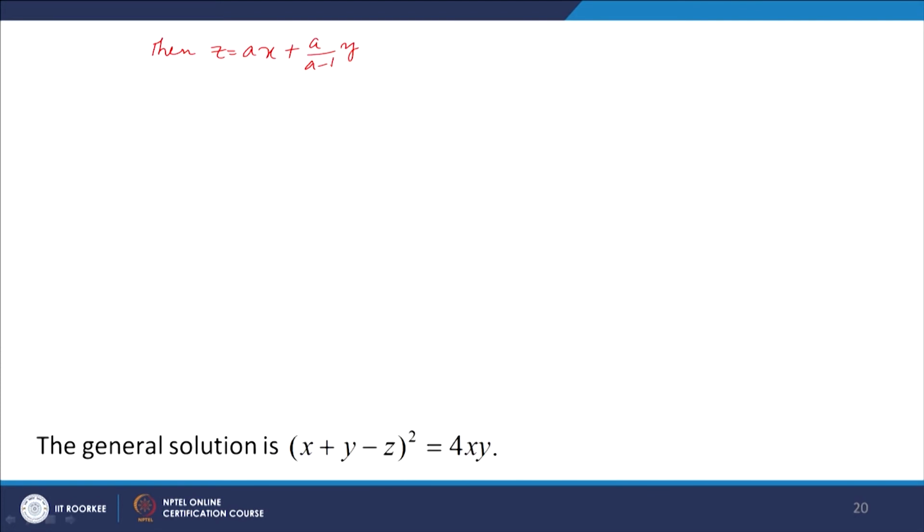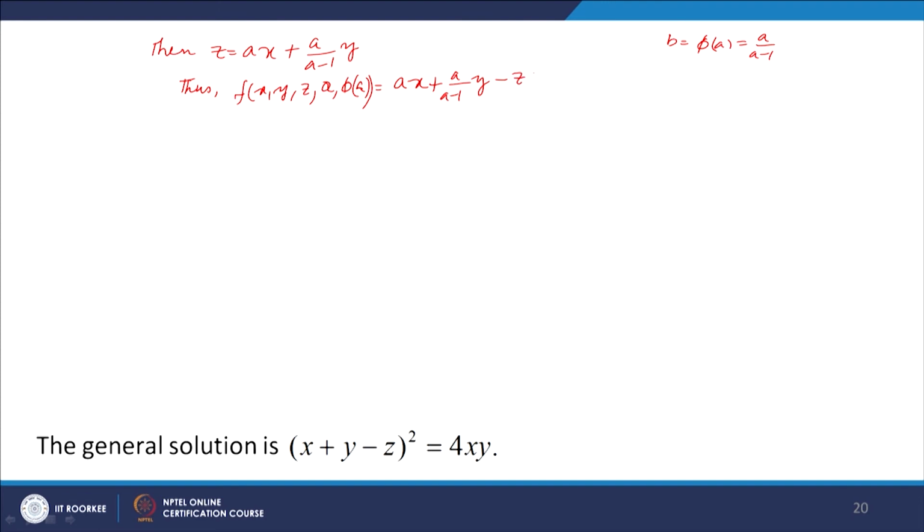Okay. Now, let us consider f(x, y, z, a) equal to ax plus a over a minus 1 times y minus z equal to 0, with b equal to phi of a, which is a over a minus 1.